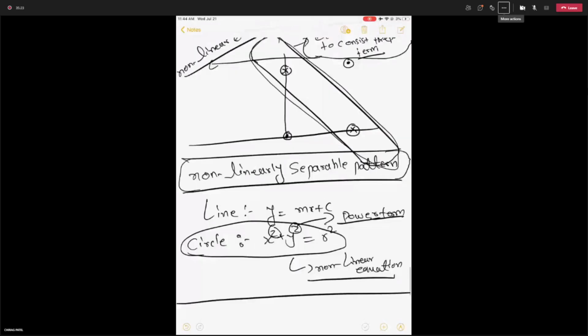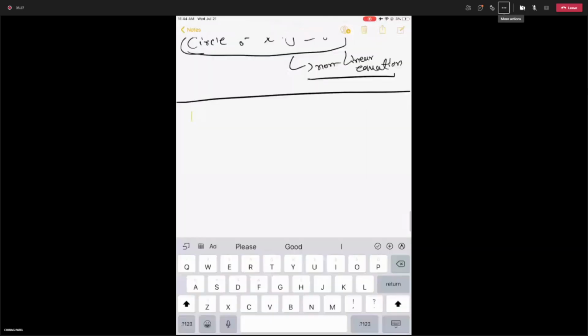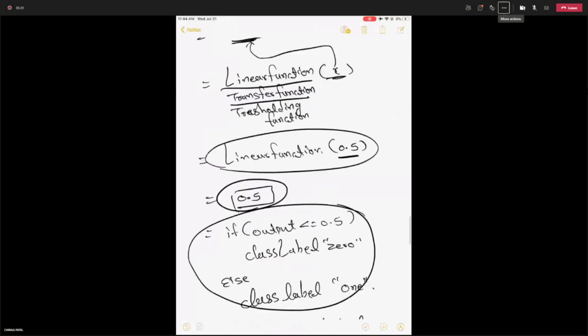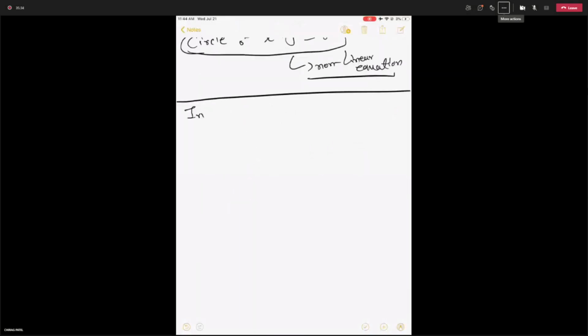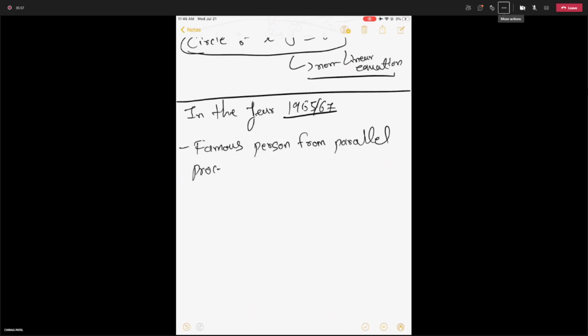Okay, this scenario was of 1958. After that, around 1965 or 67, I don't remember the exact year, one famous person from the parallel processing community published an article in a journal, where he stated the flaws in the perceptron.